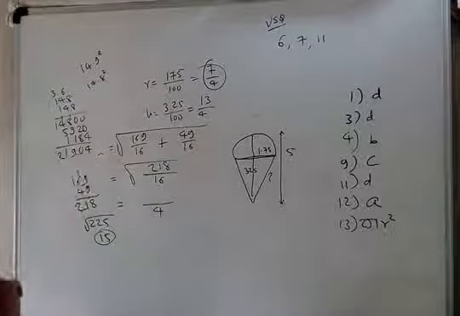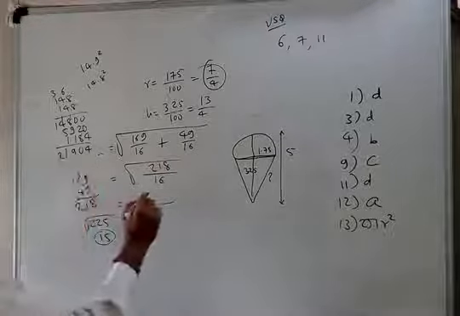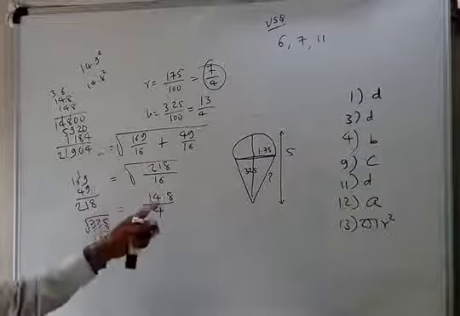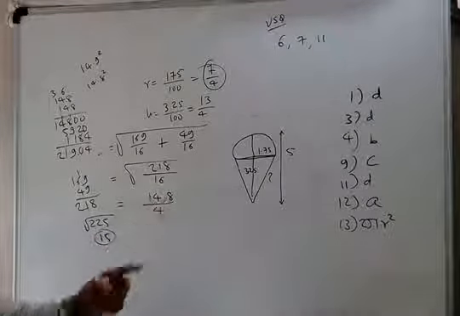So it becomes 219, very close to this. So we take the square root of this as 14.8, because exactly we cannot find it without a calculator. Up to one decimal only we have to write. We cannot go ahead.